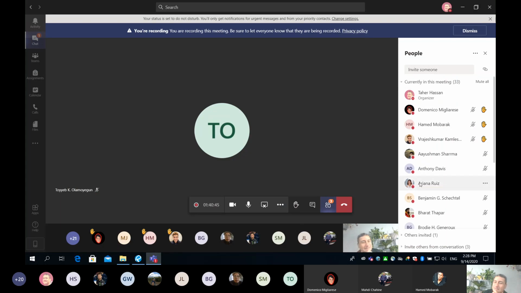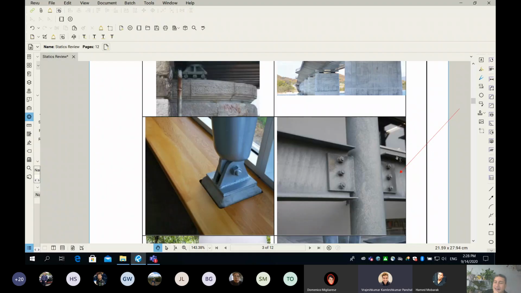Okay, Sunny. Yeah, I think it's a combination of hinge and the fixed one, because the main bar is hinged with the plate, and the plates are screwed and fixed with another plate. So it's a combination of hinge and fixed both.